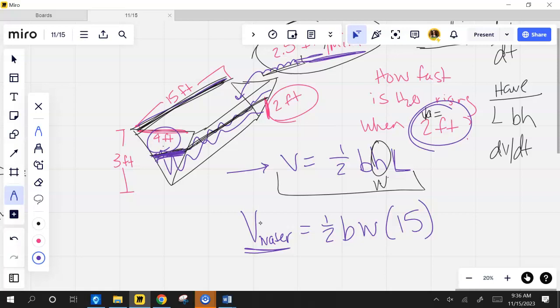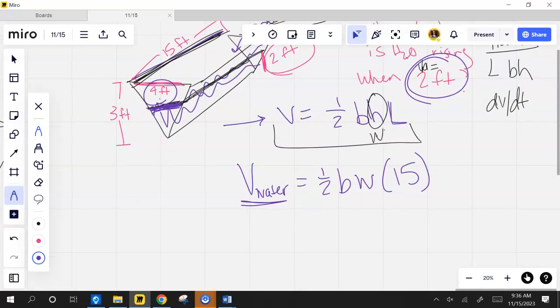Because as it rises, that changes. Okay. 15/2 dW. If I do this though, I'm still going to have too many variables. I still got to find a way to relate it.